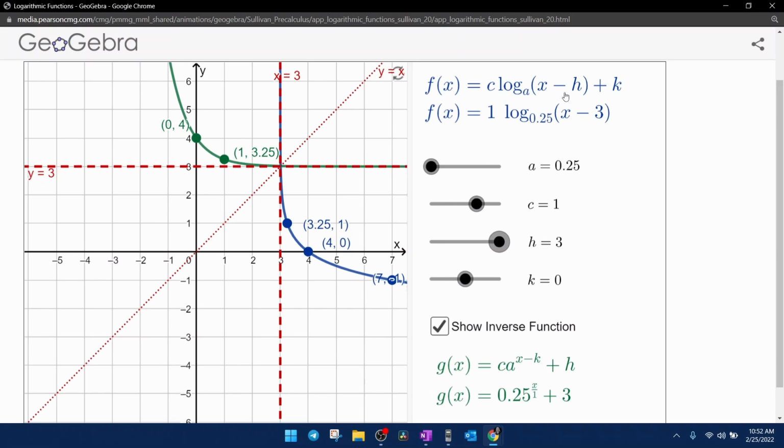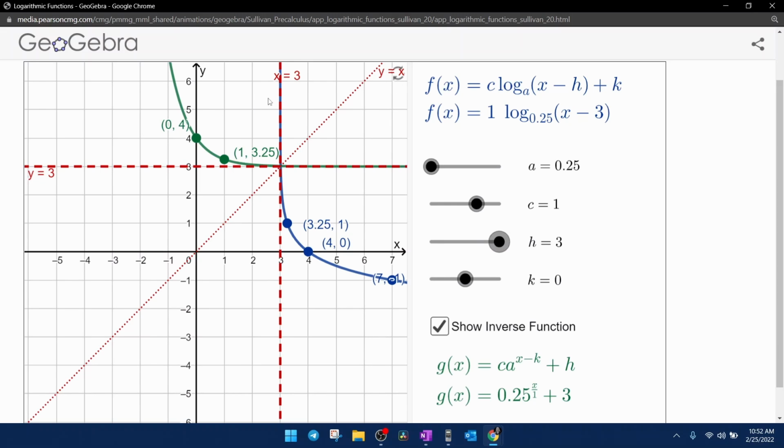So plugging that in, again, x minus 3, minus is right. The vertical asymptote shifts to the right for the log function, which means that the horizontal asymptote shifts up for the exponential function. Again, if you look at the equations for the asymptotes, y equals 3, x equals 3, those are identical except for the variables.